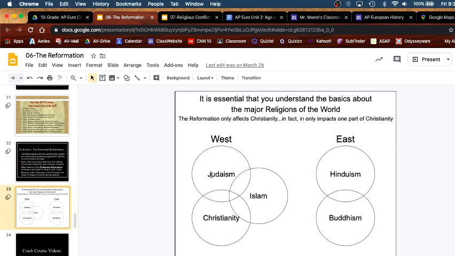It's a completely unique religion. Christianity is a separate religion, but there is some overlap. As I just pointed out, Jesus himself was Jewish, and he grew up with Jewish traditions and Jewish holidays and learning about Jewish prophets. So there is an overlap between Judaism and Christianity.